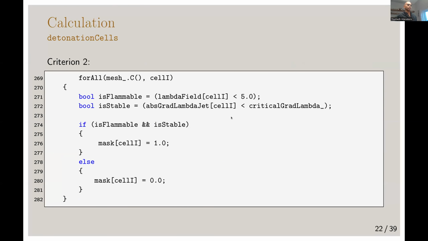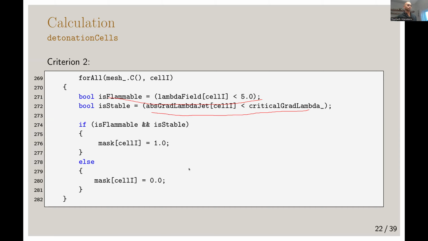And for the second criterion, we have to focus on the flammable region of the cloud, and then we have to see if it is actually stable when it comes to the second criterion. So here we apply the constraint on the second criterion and see if the absolute value of the gradient of lambda is below the critical value.